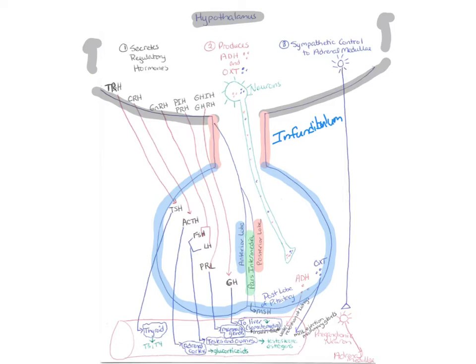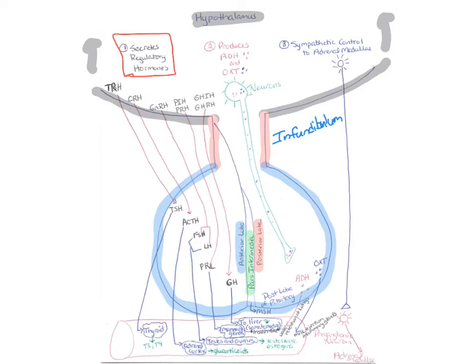So let's first talk about the hypothalamus's three functions with the endocrine system that I want to discuss. The first thing is that the hypothalamus secretes regulatory hormones.